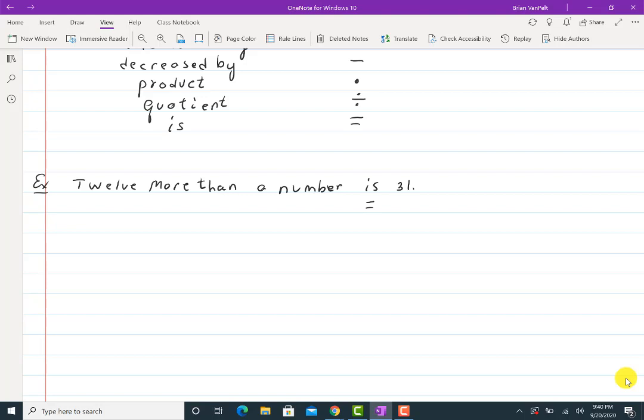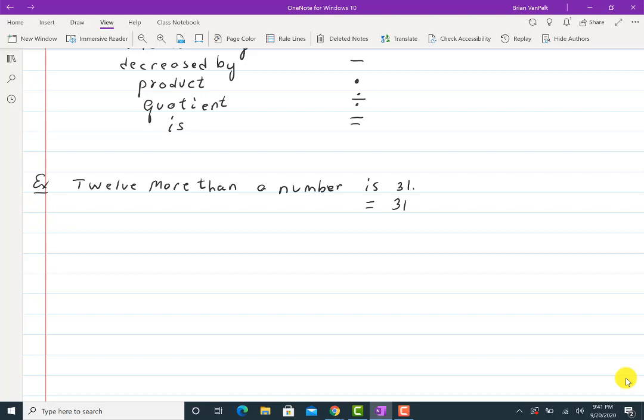Now whatever's to the left of the equal sign will be to the left of the word is in the sentence. Whatever's to the right of the equal sign will be to the right of the word is. So any numbers, you can bring them straight down. And most of the time, you can actually transcribe the sentence directly underneath if you write it out.